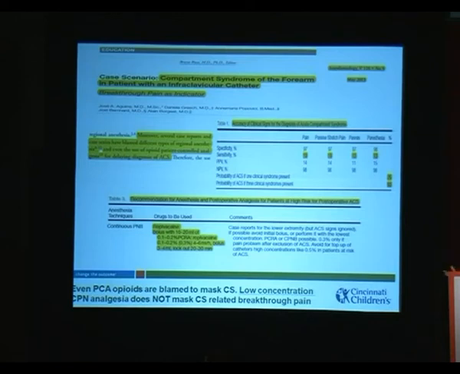The key is low concentration of continuous peripheral nerve block, and that will help with pain control and also diagnosis of compartment syndrome. The concentrations we are talking about is about 0.1 to 0.2% ropivacaine with continuous infusion. The sensitivity of pain in diagnosing compartment syndrome is 19%, less than 20%.